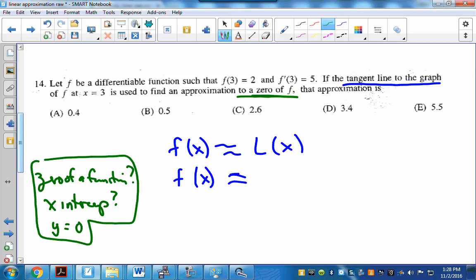Go ahead. You got an answer? Anybody? It's got to be one of those 5. See? Okay, how'd you get it? What's your line? Who said C? What's your line? X minus 3. That's a tangent line. Okay, now what'd you do?